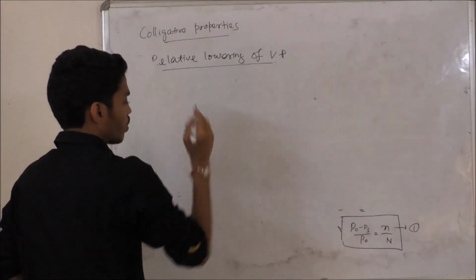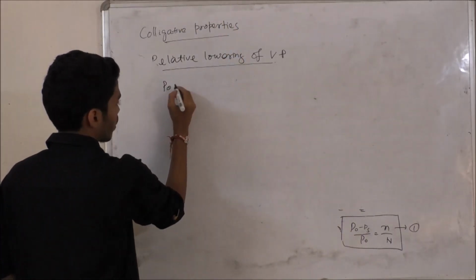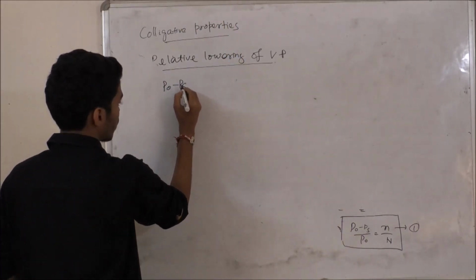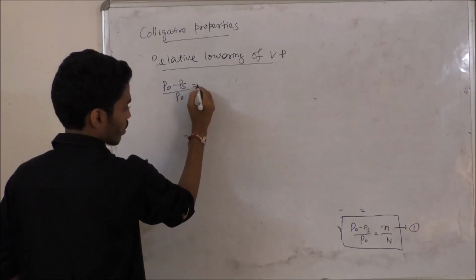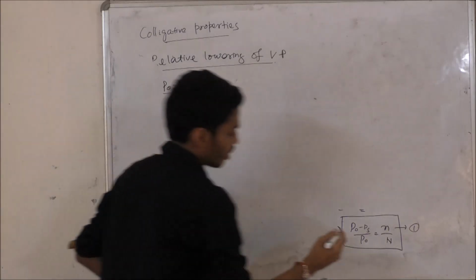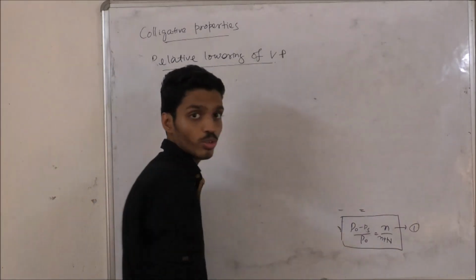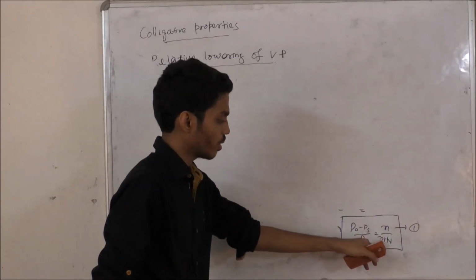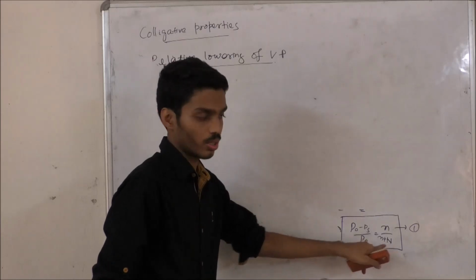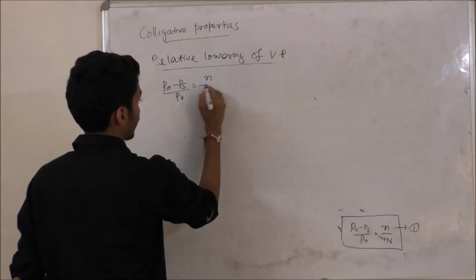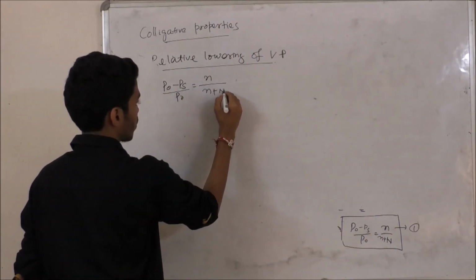Okay. So P naught minus PS divided by P naught equal to, actually we had n plus N here. And when we neglect this, we write this. Okay. So our original equation was this.